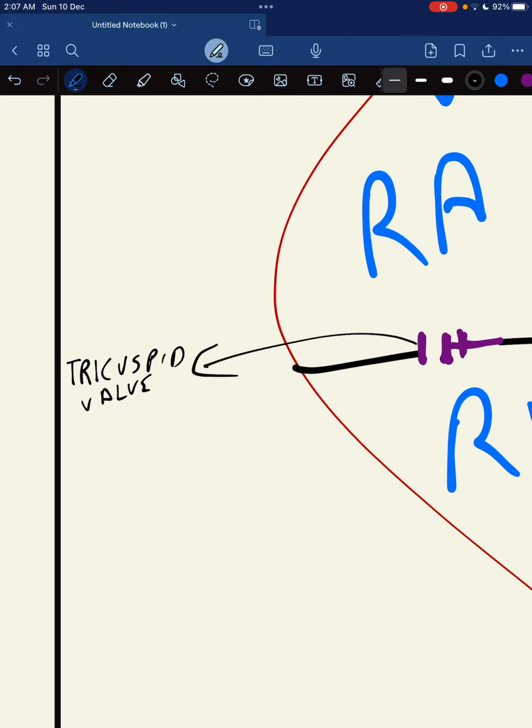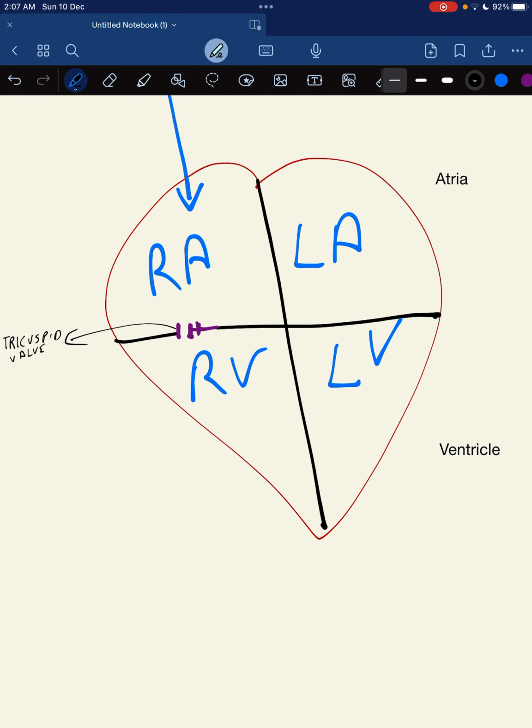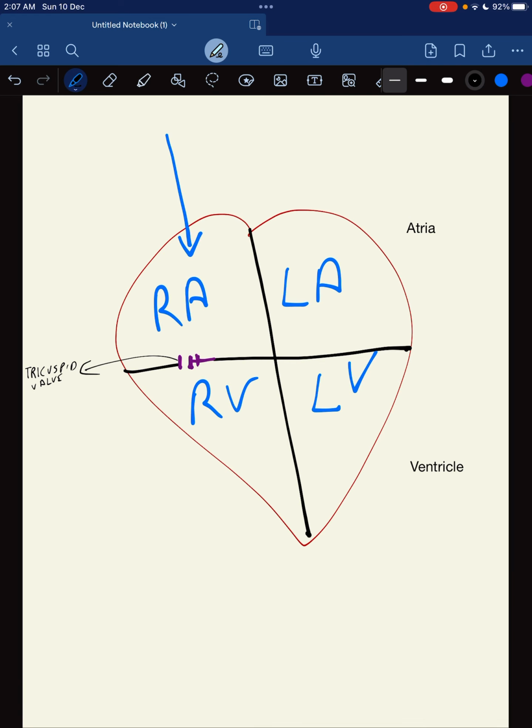The blood goes from the right atrium to the right ventricle, and then the right ventricle is going to pump out the blood. One thing you have to remember: atria always receive the blood and ventricles always pump out the blood. Blood always leaves the ventricle.